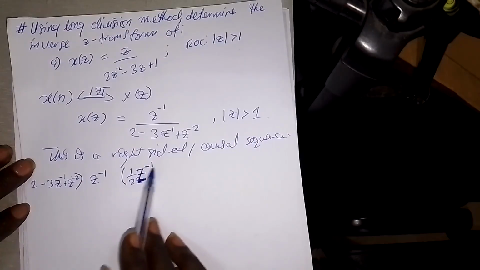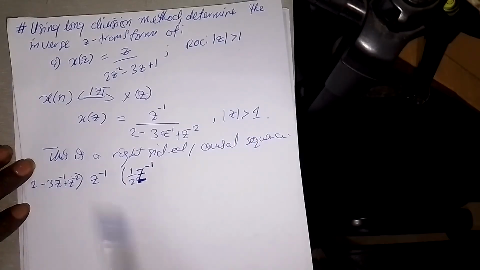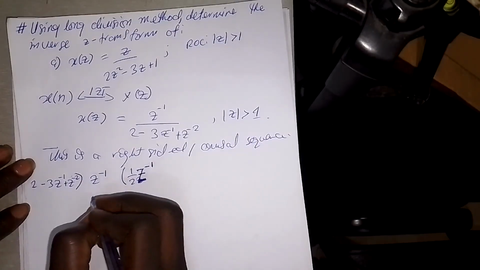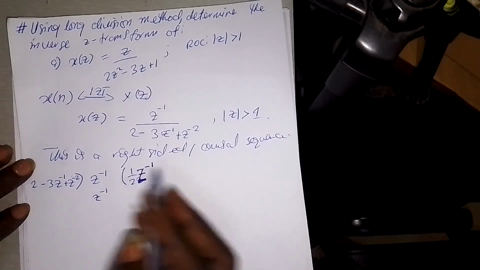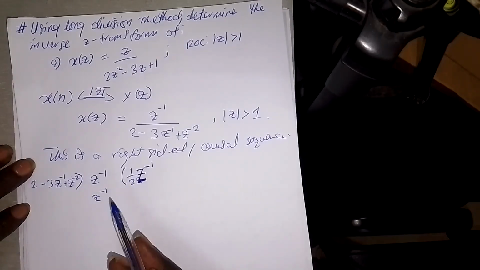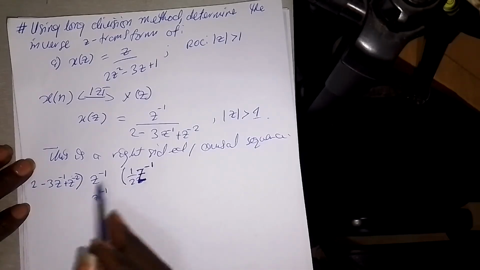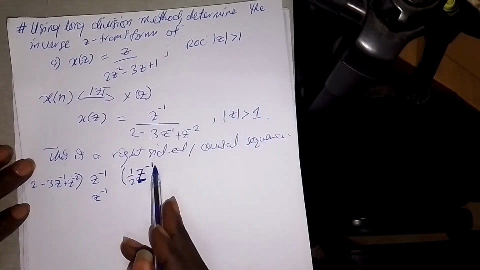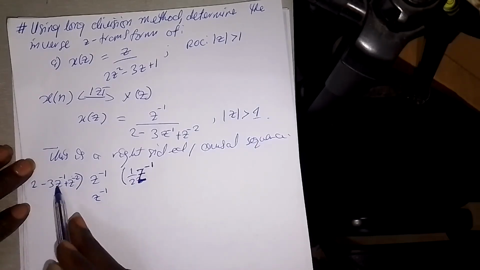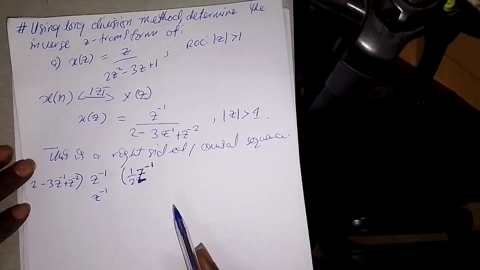Then z exponent minus 1 times 2 gives z exponent minus 1. Then this one times this, what do I get? 3 over 2 into z exponent minus 1 times z exponent minus 1 gives z exponent minus 2.